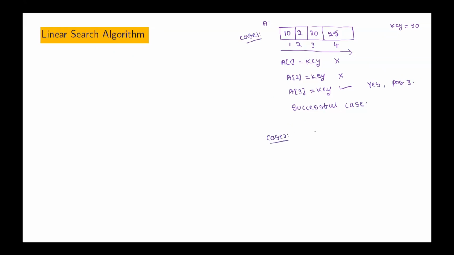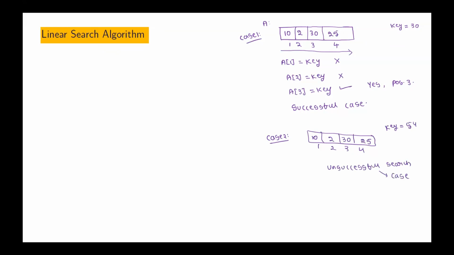For example, the same array, but the key is 54. Then what happens? This is unsuccessful, no? An unsuccessful search case.